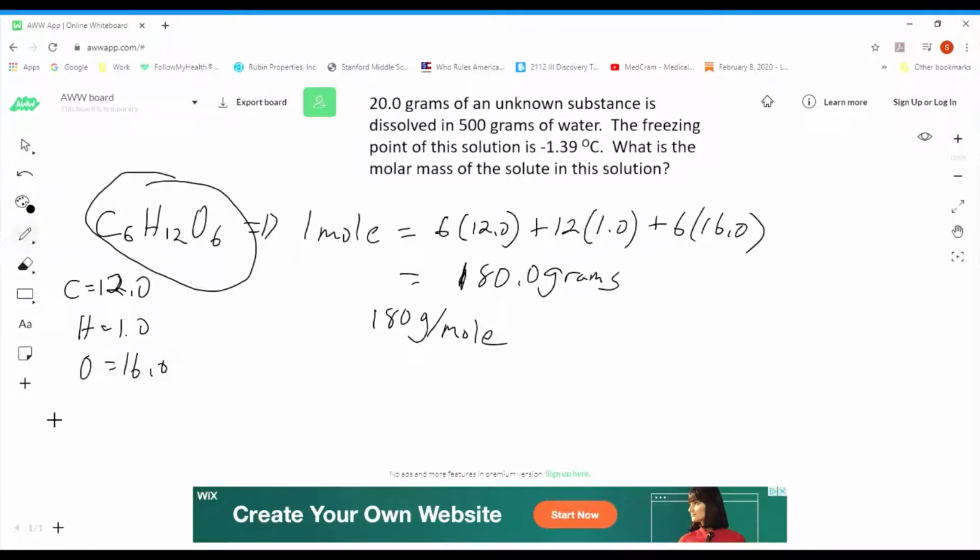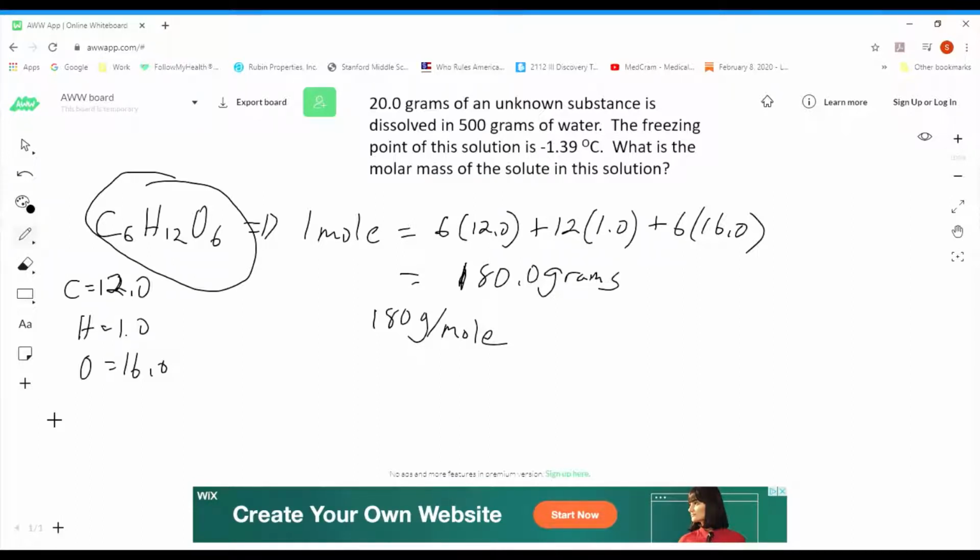You had already done some other problems trying to figure out molecular formulas. You had an empirical formula and were trying to figure out the molecular formula.